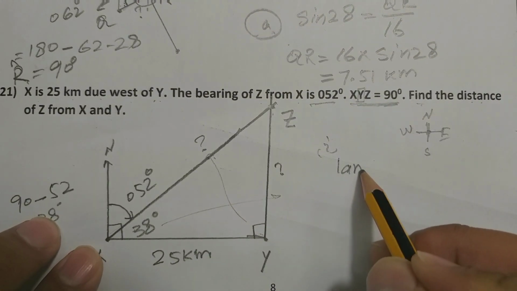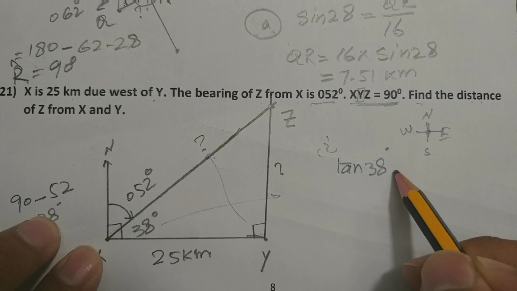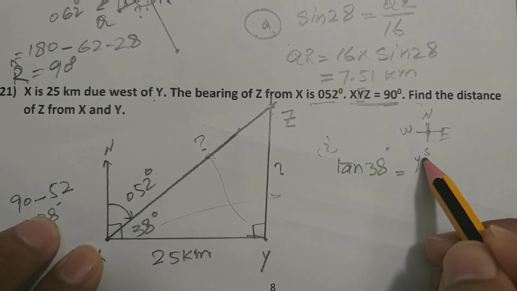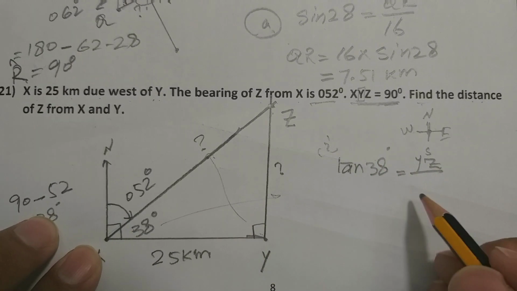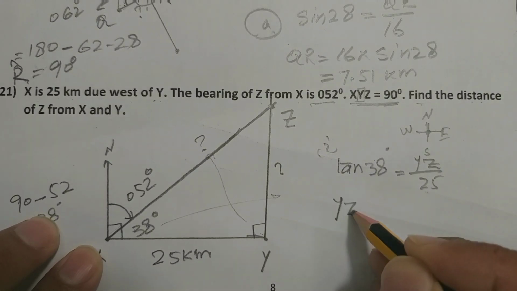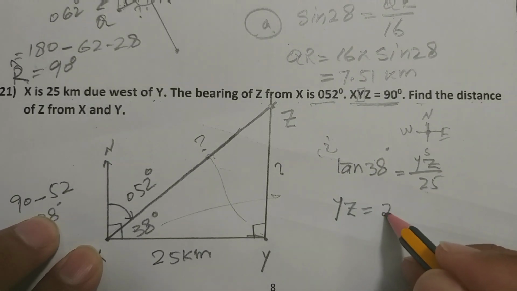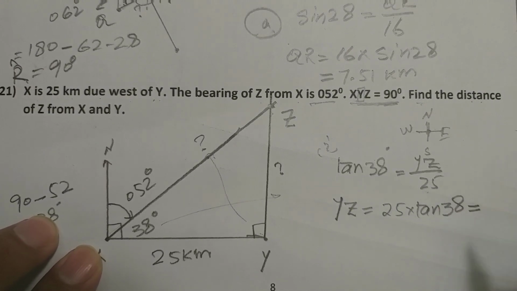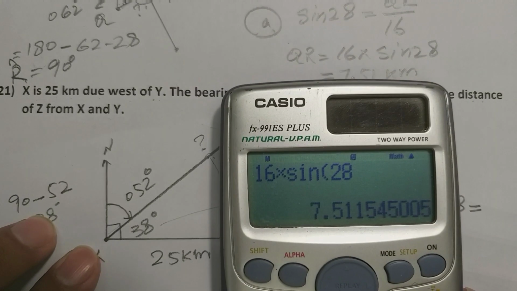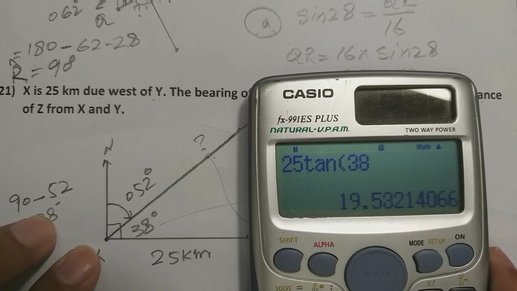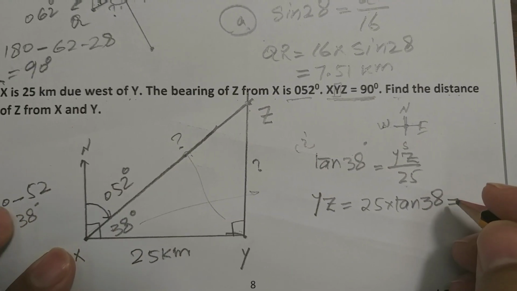So tan 38 equals the opposite YZ divided by the adjacent, which is 25. So YZ equals 25 times tan 38, which is 19.5 kilometers.